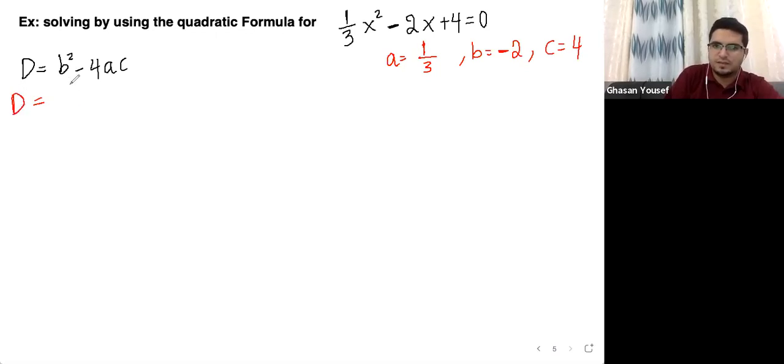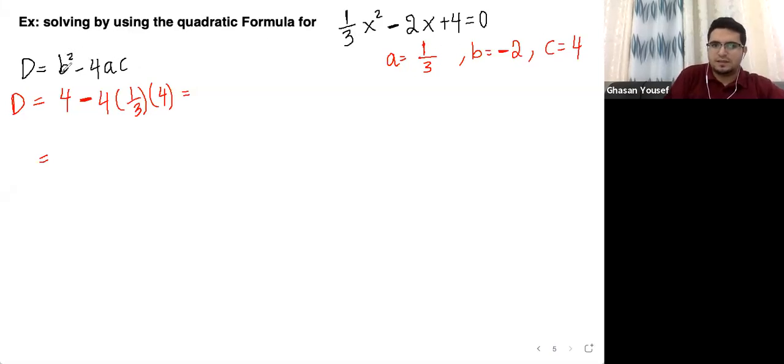D equals b squared, which is minus 2 times minus 2, which is positive 4, because minus times minus is positive, and 2 times 2 is 4, minus 4 times a. What is a? 1 over 3. And c is 4. So what do I get here? Some students ask me, what about b?